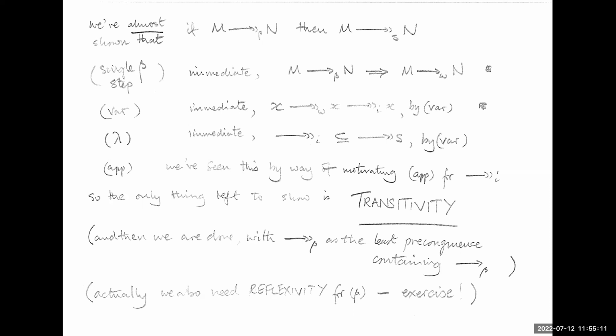Variables, poor old variables, they can't do that. But that's okay. They don't need to do that. Lambdas do lambdas by going under the constructor. And in applications, what do we do? Well, there was an earlier argument which will be in the slides that shows why it's closed under application.